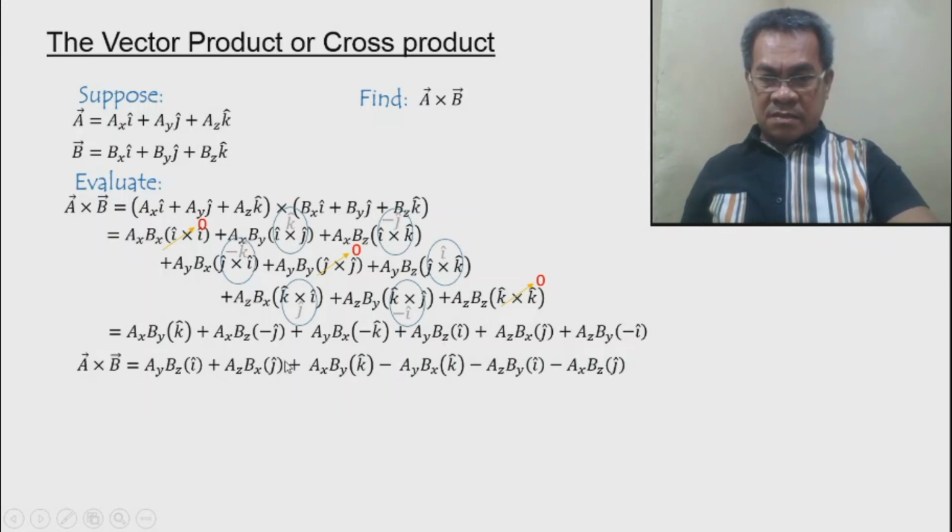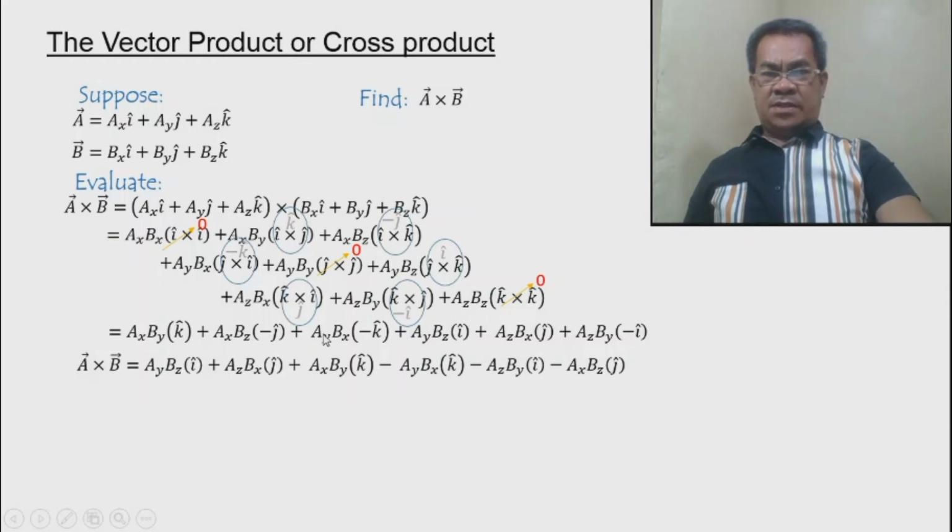We have the positive AY BZ, positive. Where is positive? Okay, this is AZ BX. Okay, wait, AY BZ is this one.